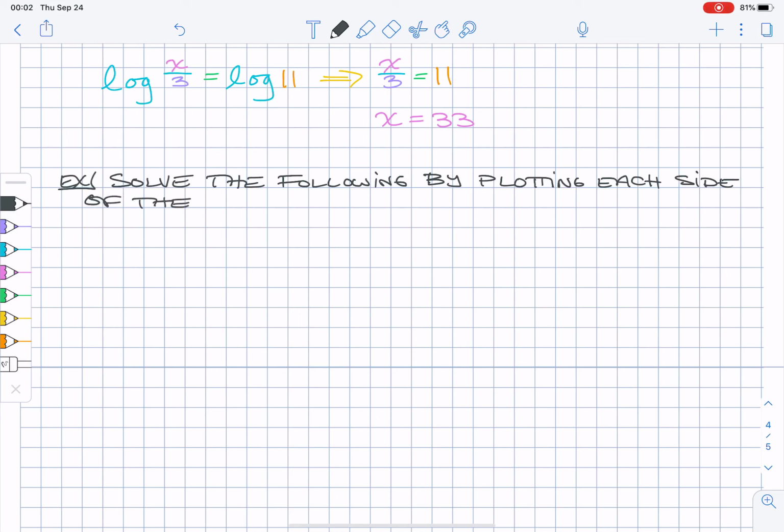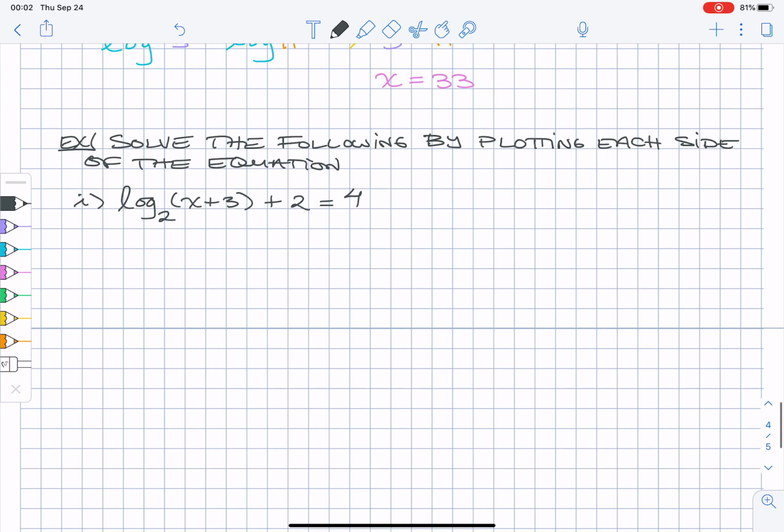Okay, so number 1, let's say we have, pardon me, log base 2 of the quantity x plus 3, plus 2 is equal to 4.